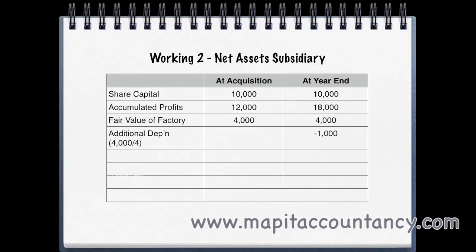So it doesn't happen at acquisition, just at the year end. And do look out for other questions that have more than 1 year since we acquired the subsidiary. Here we only have 1 year, so we only need 1 year's depreciation. However, if it had been more than that, we would need more than 1 year's depreciation.